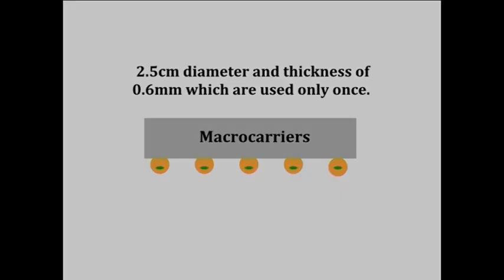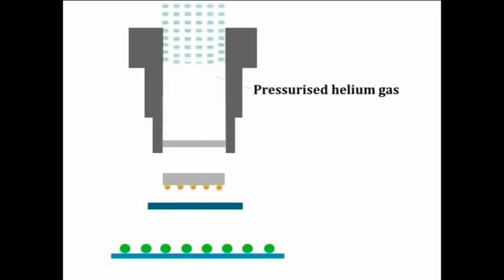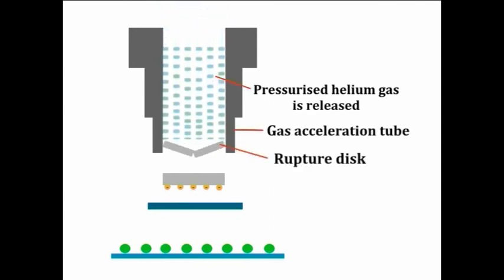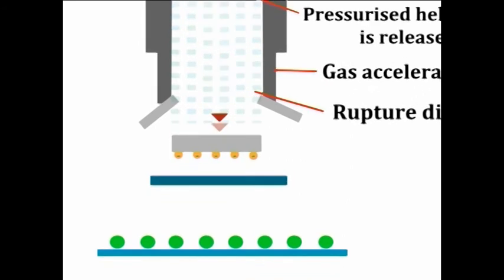The components of the helium pressure particle gene device are enclosed in a chamber in order to create enough partial vacuum, facilitating the particle acceleration. When the partial pressure is created inside the enclosed chamber, pressurized helium gas is released into the acceleration tube and breaks the rupture discs.